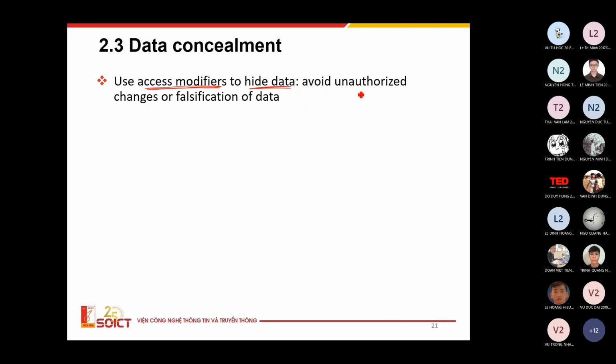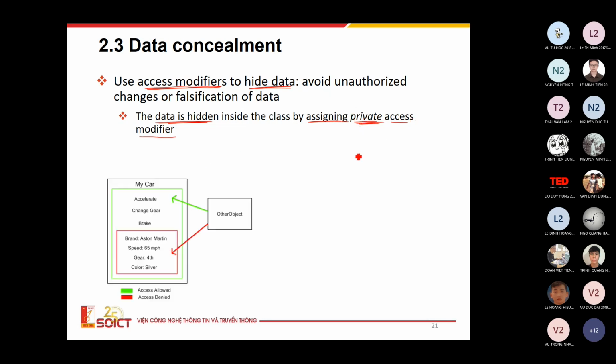So the user cannot change the data without authorization, for example. Yeah. So when you want to hide some data, you need to assign it the private access modifier. Okay? If you want to hide something, you will assign it the private access modifier.